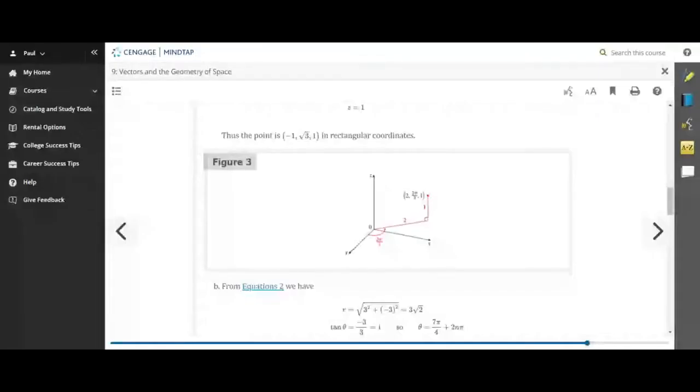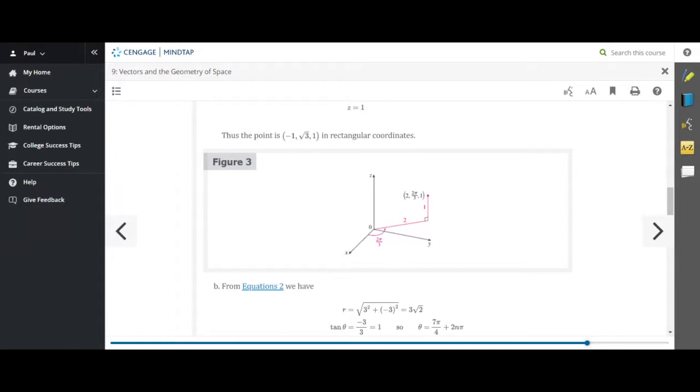Now in the picture, we're rotating 120 degrees, moving out a radius of 2, and then moving up a distance of 1. And that is how you graph a cylindrical coordinate.